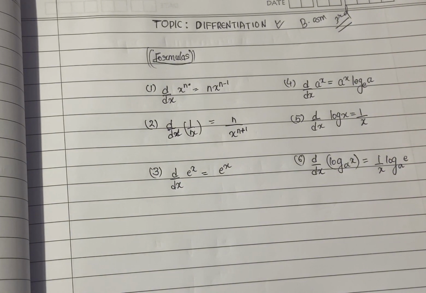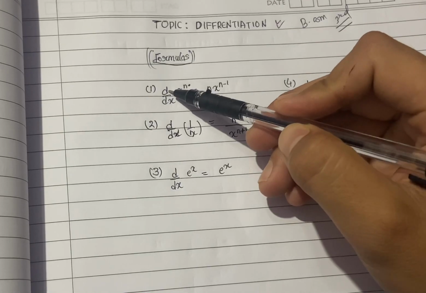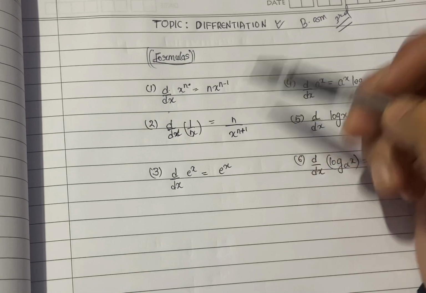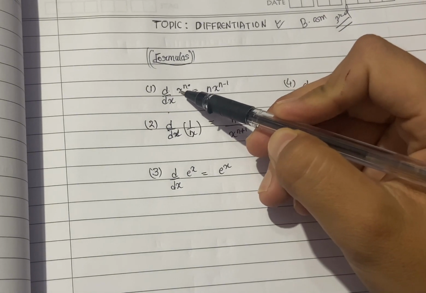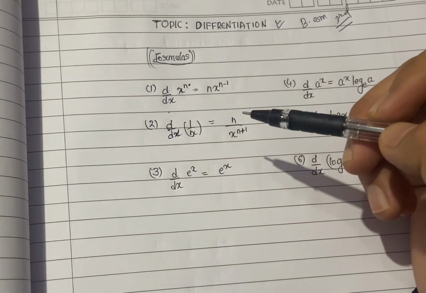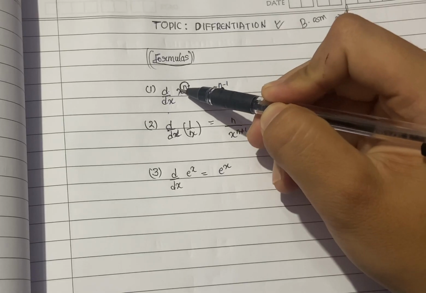So let's get started. First of all, we have the basic formula, d by dx of x to the power n. Now how can we differentiate it? It is very simple. First of all, do you see this n, the power?